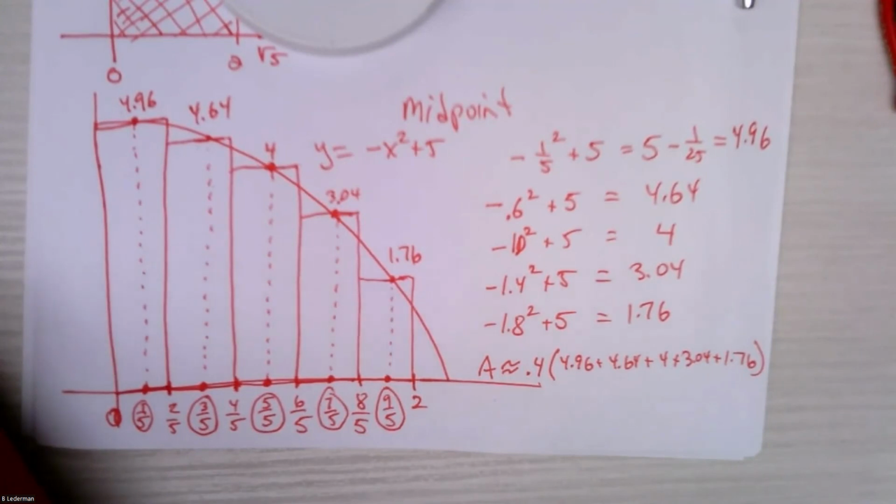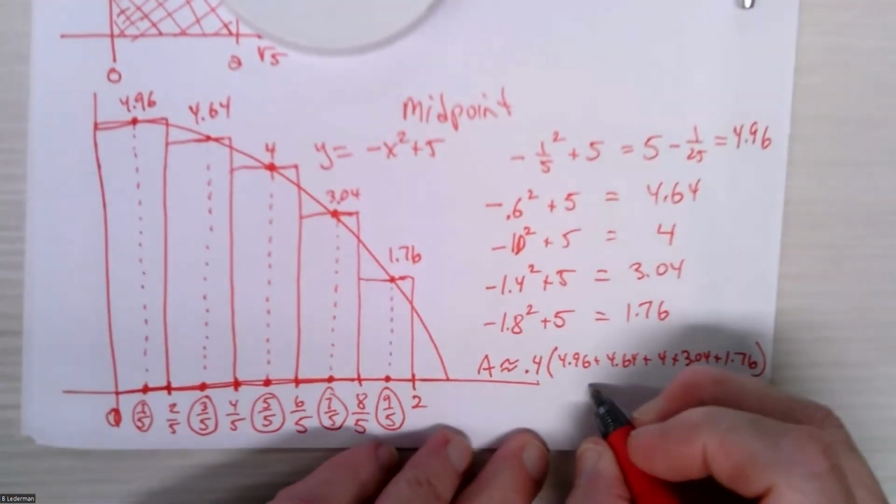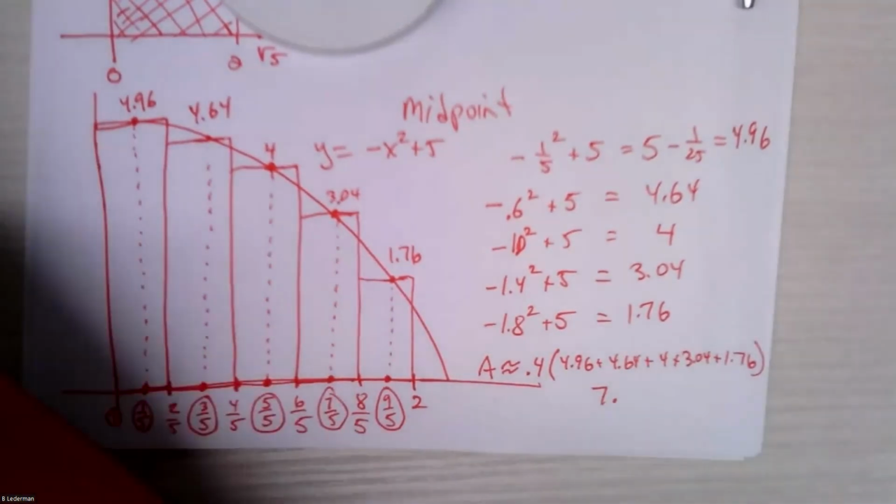Now I want to multiply that times 0.4. That gives me 7.36.